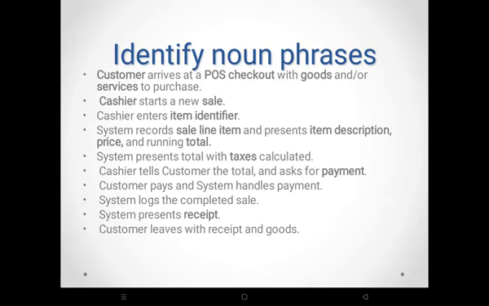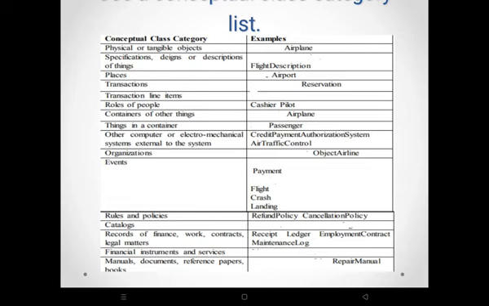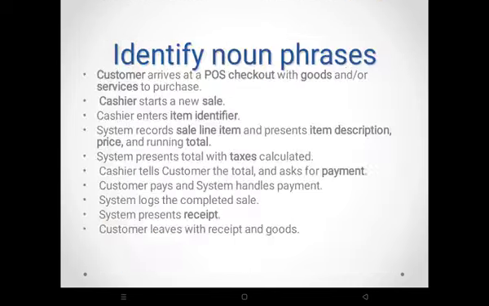Students, it's a very simple technique. First step, write the complete scenario of the application. Then identify the noun phrases in the scenario. All the noun phrases are called conceptual classes. There are two techniques: one, use the category list to identify the conceptual classes; the second, identify noun phrases in a scenario.